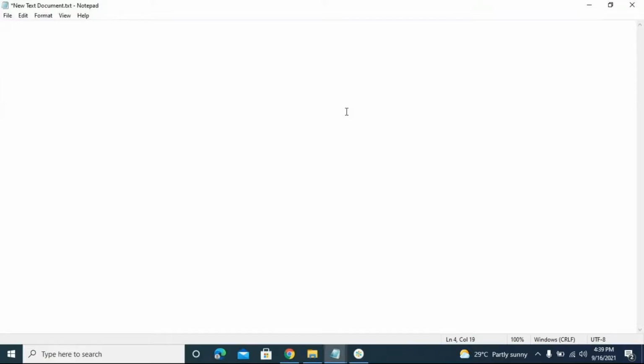So first we had learned to create the euro currency. It is Alt plus 0128. So this is the ASCII code. I'll put it on top so that you can just go through it.